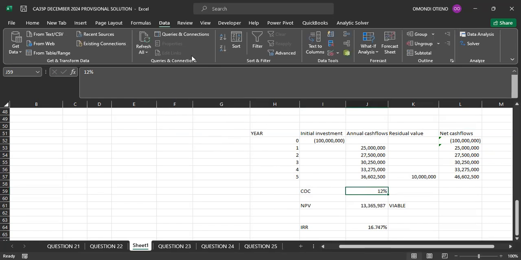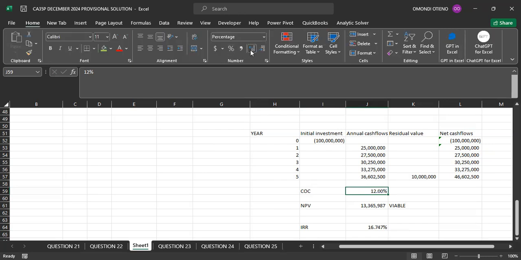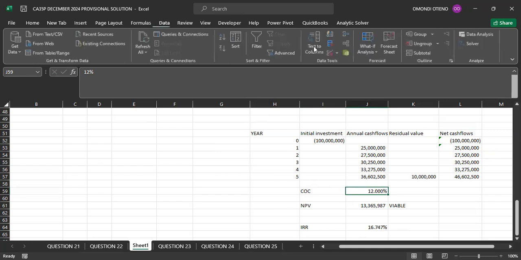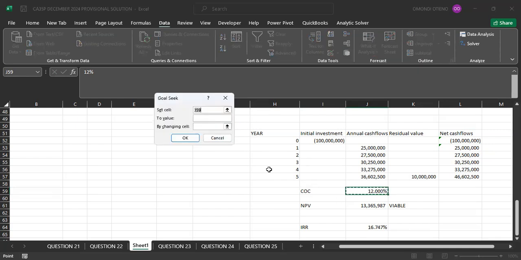Or let me do it this way. Let me increase the number of decimal places so that we are able to see the effect. So let's go to data, what if analysis, goal seek. We are setting our net present value to be equal to 0 by interfering with the cost of capital.